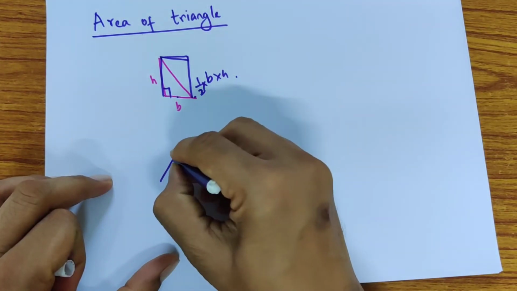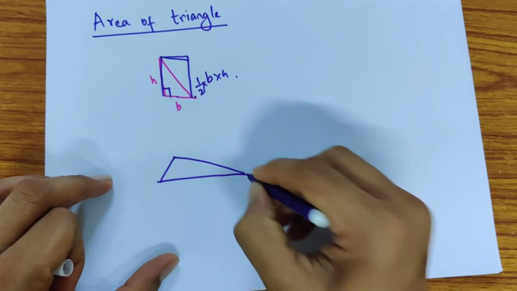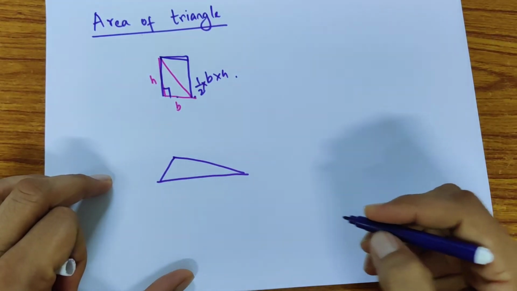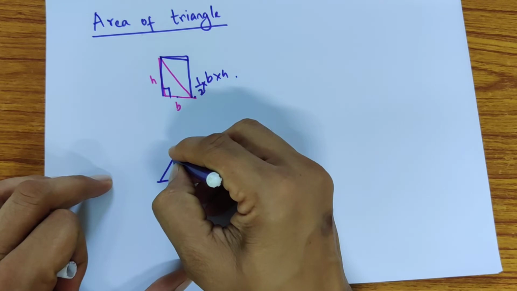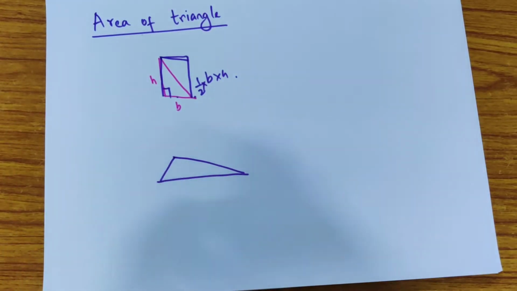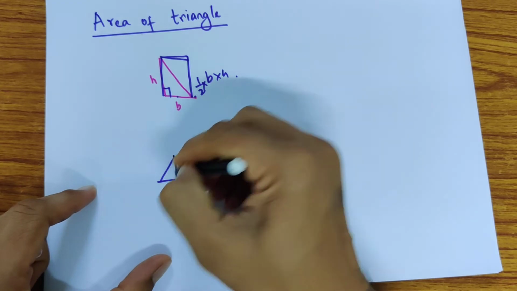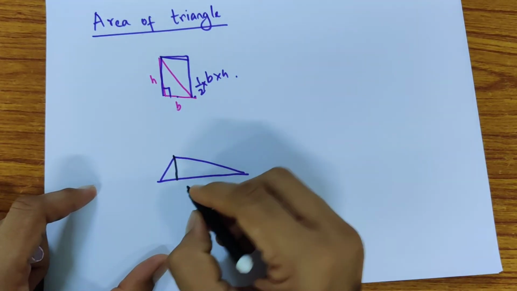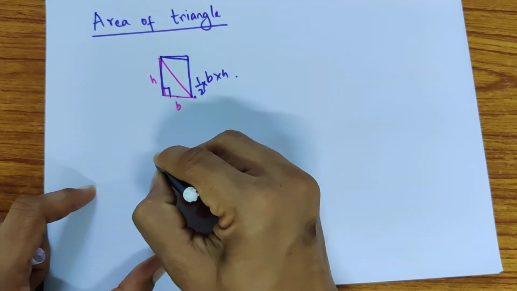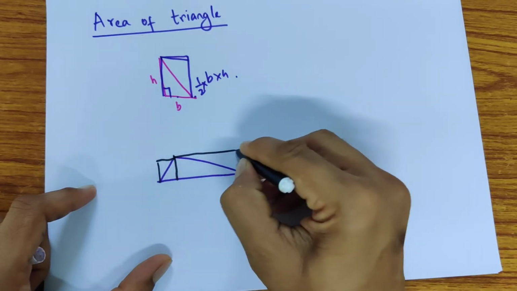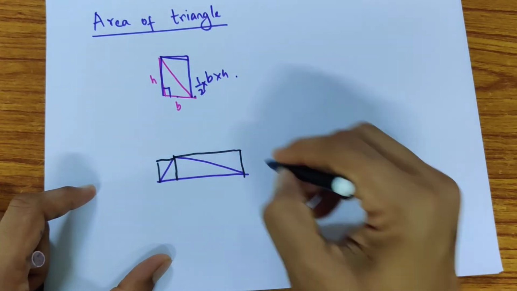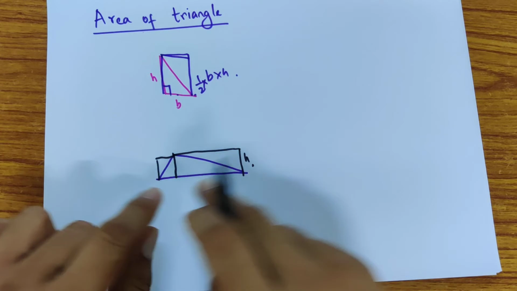Let's say I'll draw it a little more obviously, so that it's not even an equilateral triangle. Then it can still be split into two right angle triangles, and each of the right angle triangles can have their rectangles, and the height is the same and the bases together make the total base.